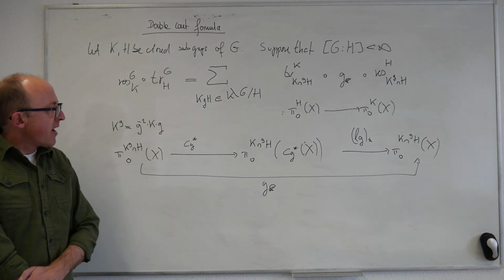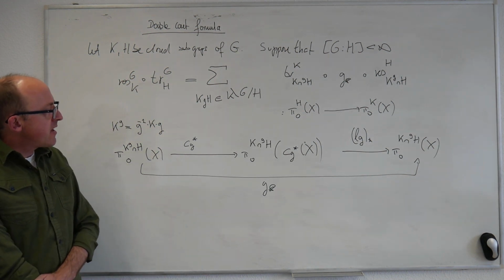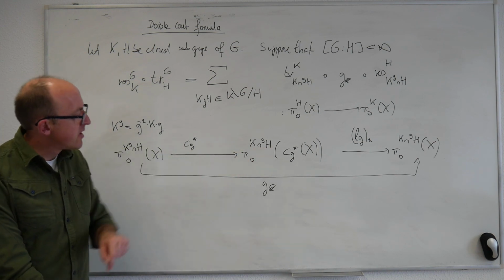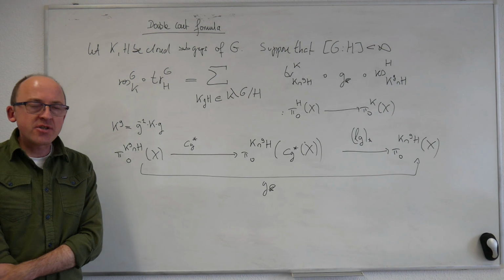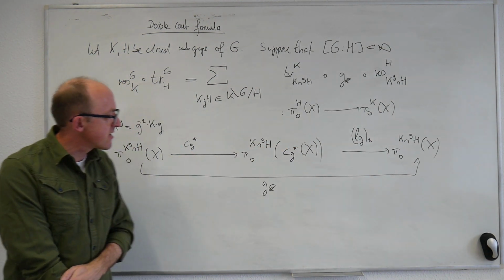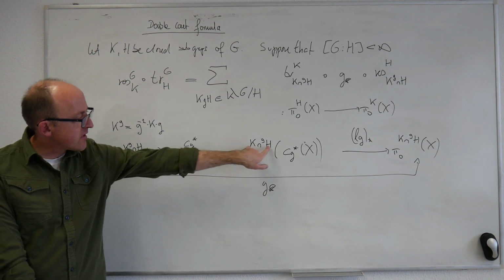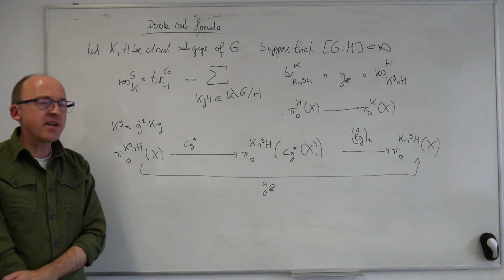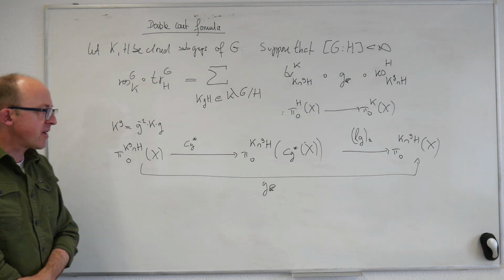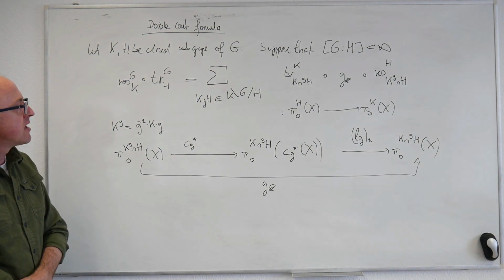I would like to remind you at this point that if the element little g happens to be in this group, then we had a proposition a little bit earlier which says that this composite is the identity, that this is inverse to this. So if g happens to belong to this group, this is the identity. But in general, of course, it will be some homomorphism that we don't really know very much about, and it comes up in this formula.